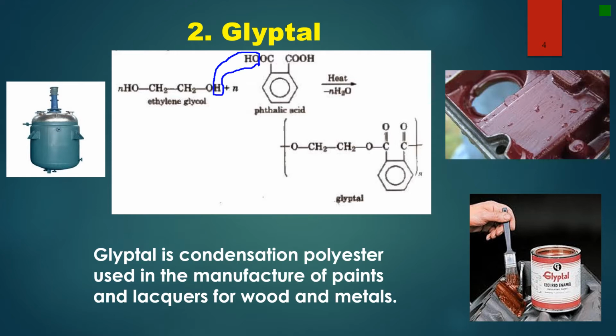They combine together to eliminate a molecule of water, as it is a condensation polymer, and then there is formation of a polymer that has the linkage group that is an ester functional group. As we have said before, they are polyesters.